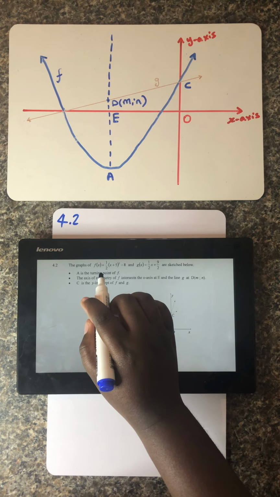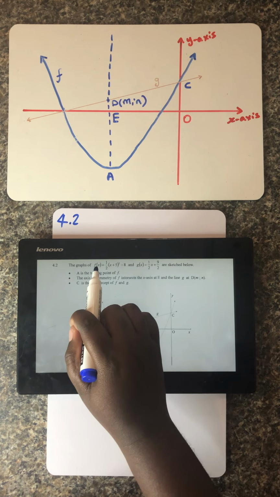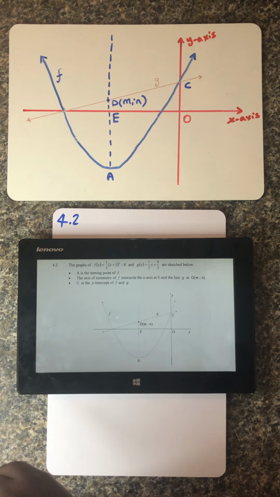That was the first given statement. Out of that statement, what to notice is that you've got two graphs, the graph of f and the graph of g.